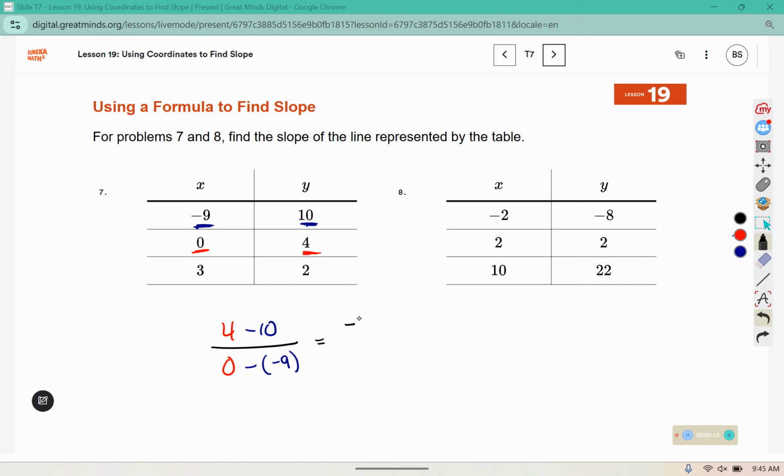Four minus 10 is -6. 0 minus -9 is +9. 3 goes into both of these. 3 fits into 6 2 times, and 3 fits into 9 3 times.